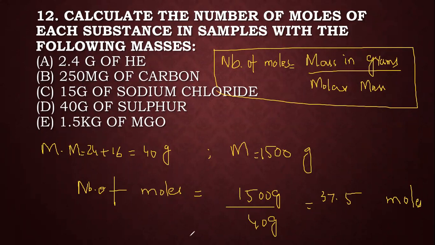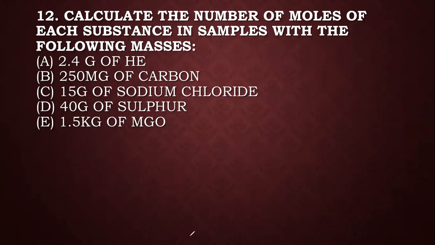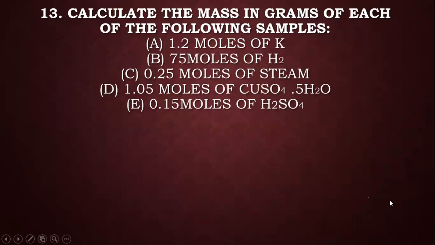Now moving further towards question number 13. Calculate the mass in grams of each of the following. Previously we had to find the number of moles, now we have to calculate the mass in grams. So first we have to write the general formula. As we know, the number of moles is equal to mass divided by molar mass.